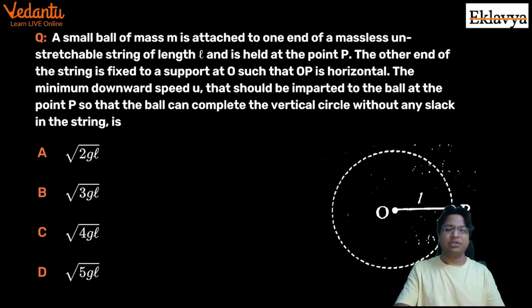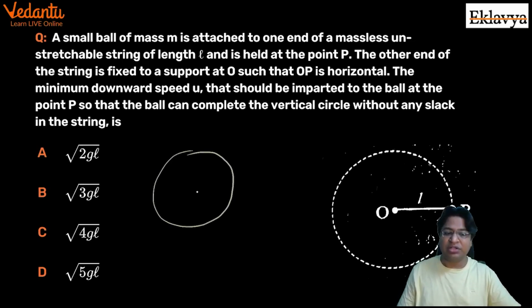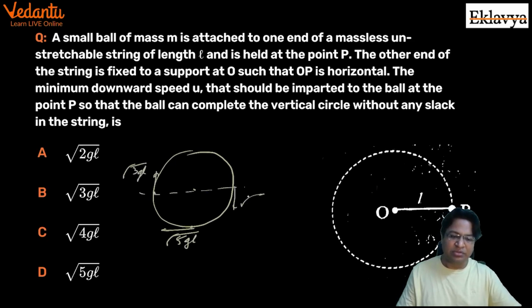Okay, now this question says, again guys, very standard thing. If you're a JEE aspirant, you most probably got it right within 30 seconds. So if we are trying to execute a vertical circle, then the minimum speed needed at the bottommost point is root 5 GL, and when this happens, the corresponding speed at these locations is root 3 GL, and at the topmost point you need root GL if we are talking about a particle attached with a massless string.